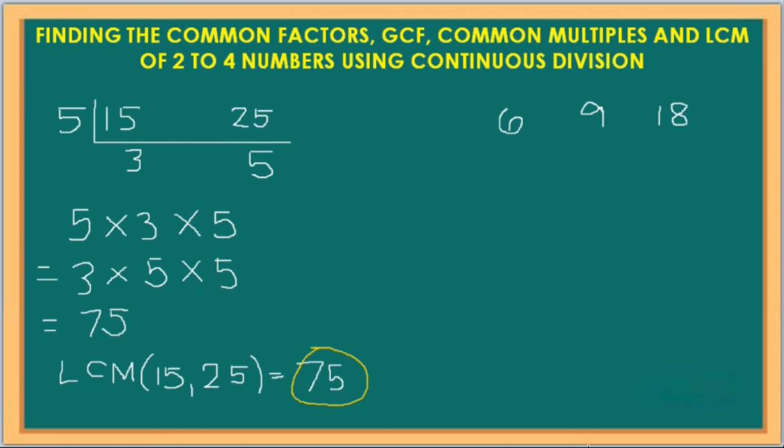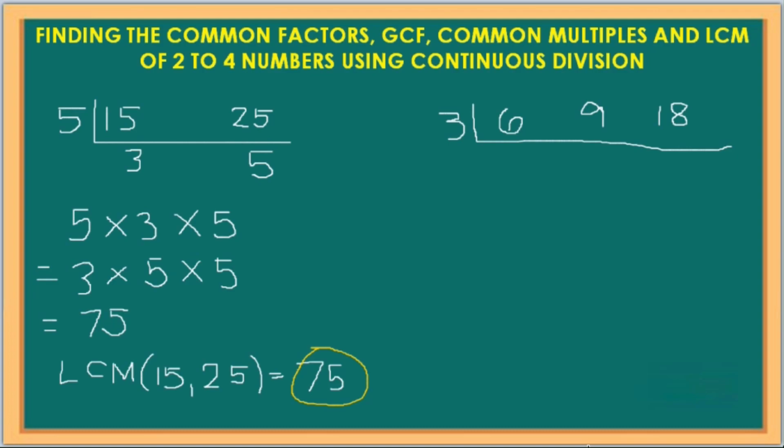This is just like prime factorization because we are using the prime factors of numbers. So we have 6, 9, and 18. We can use 2. However, I will use 3 because 3 is a common factor of 6, 9, and 18.